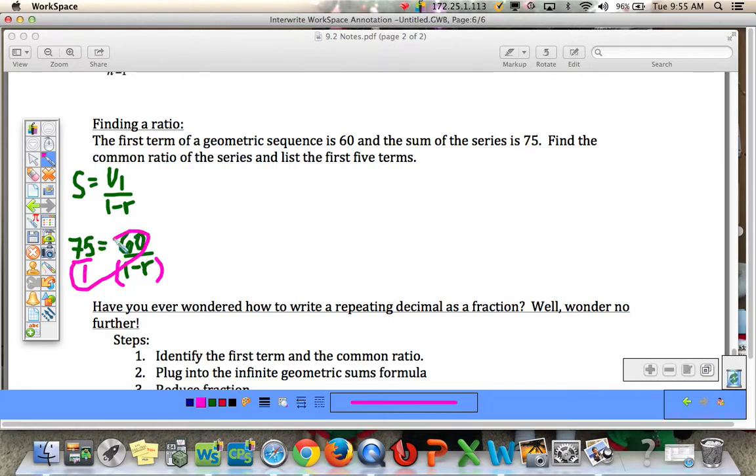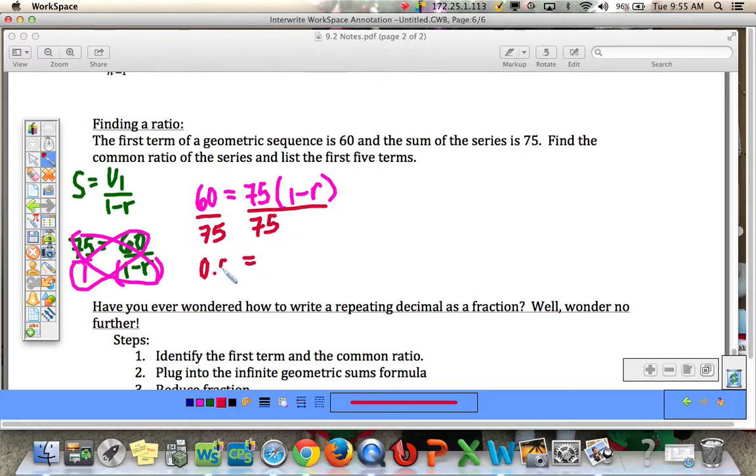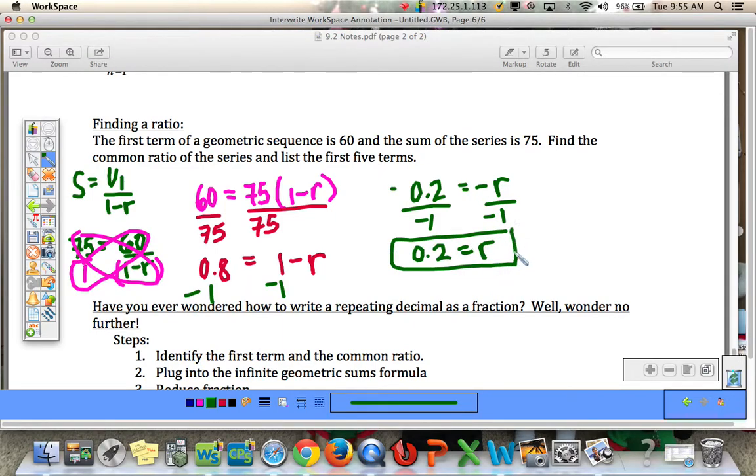So we get 60 equals 75 times 1 minus r. We could divide each side by 75. And we get 0.8 equals 1 minus r. Solve for r, subtract 1 from each side. We get negative 0.2 equals negative r. Divide by negative 1. So r, the ratio, equals 0.2. It should be less than 1 if it's convergent.